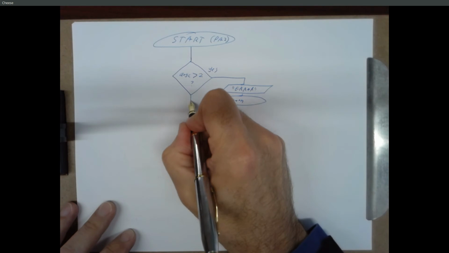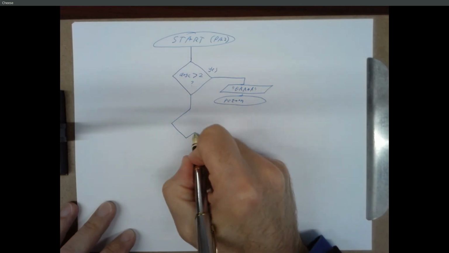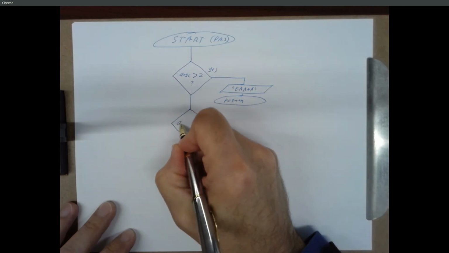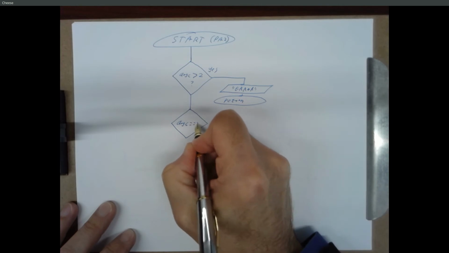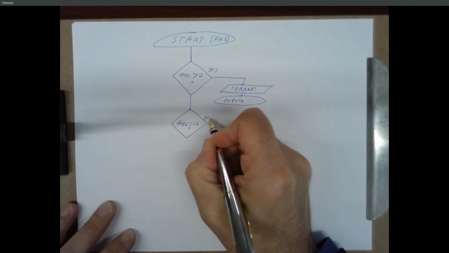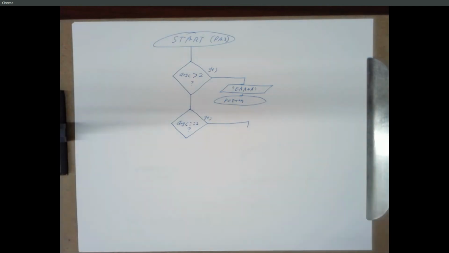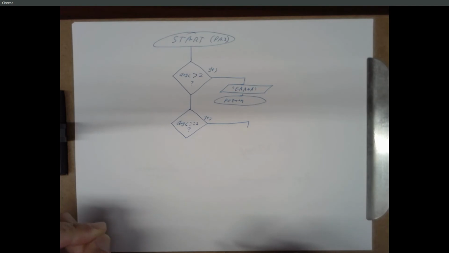Okay, the next possibility is argc is equal to 2. And if it does, they said stick something. Okay, how do we find that something? Where is that something available? argv, where in argv? argv bracket 1.